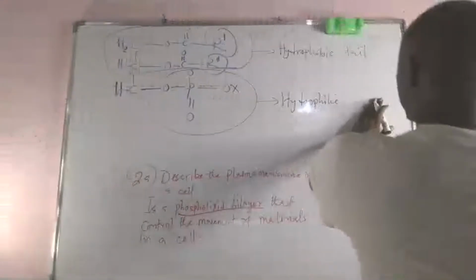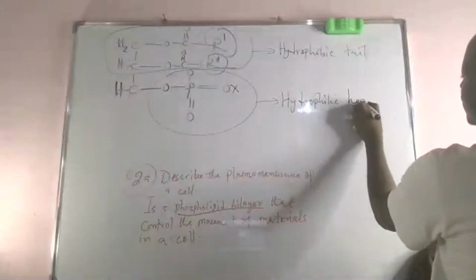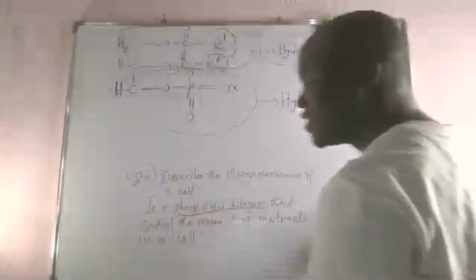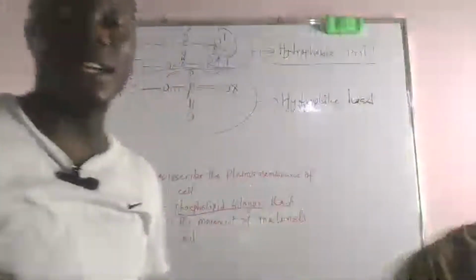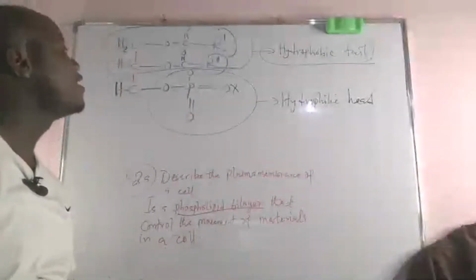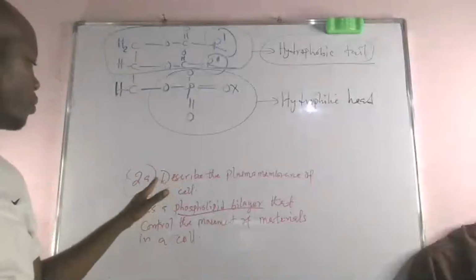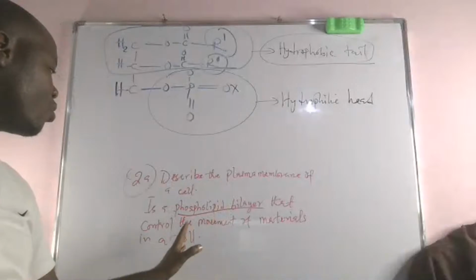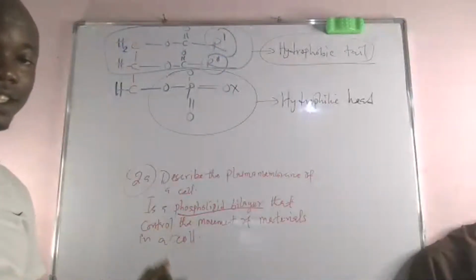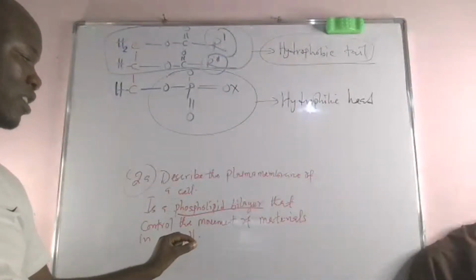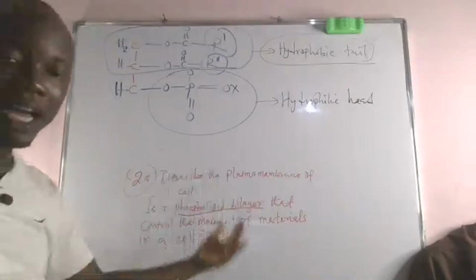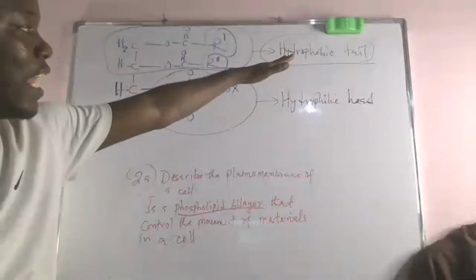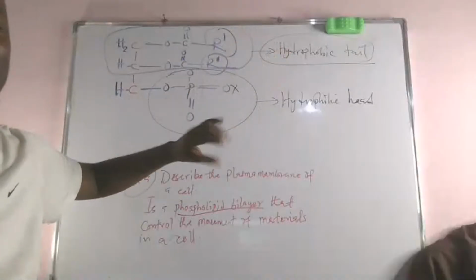Sorry, it's not tail, it's the hydrophilic head. While the other part is the hydrophobic tail. So in describing the phospholipid bilayer, you can now say first, the plasma membrane is a phospholipid bilayer that controls the movement of materials in a cell. Then full stop. Then this phospholipid bilayer is made up of hydrophobic tail and hydrophilic head.